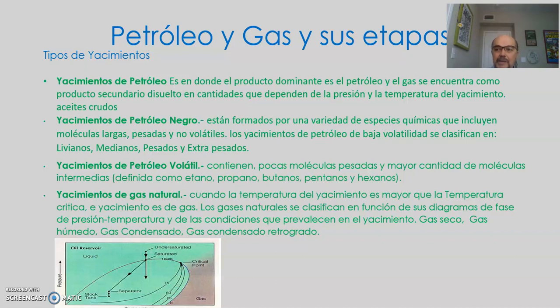I know a case in the Lake of Maracaibo where they designed this according to the phase diagram, but the pressure in the separator was around 300 and it was too high for the wells. When the reservoir pressure fell, the wells couldn't handle it anymore.